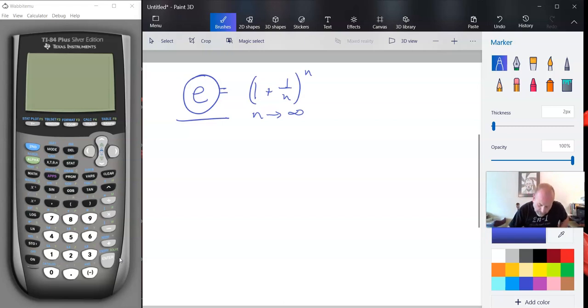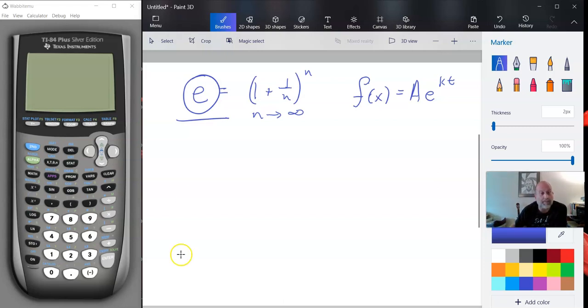So let's start by getting used to the number, getting used to using it on our calculator, getting used to computing powers of e, because the functions we're going to be looking at are all more or less going to be in this form, where you have some number times e to some constant to the t power. So a and k are just numbers, e is the number, and t is your variable in this case.